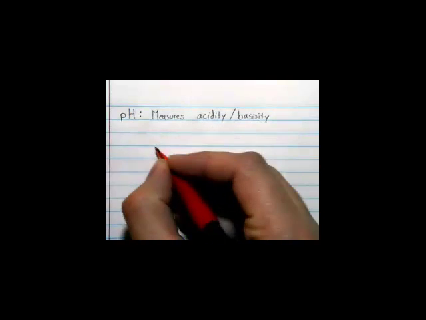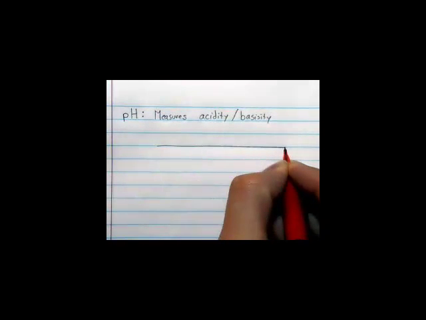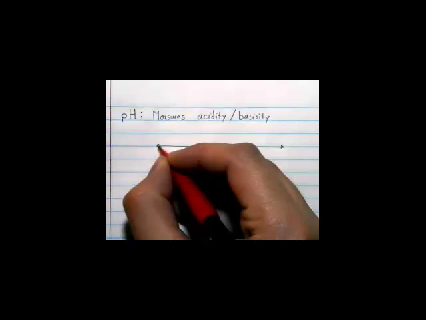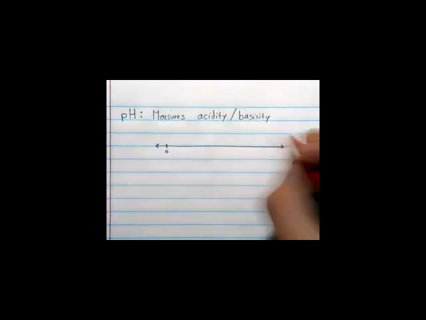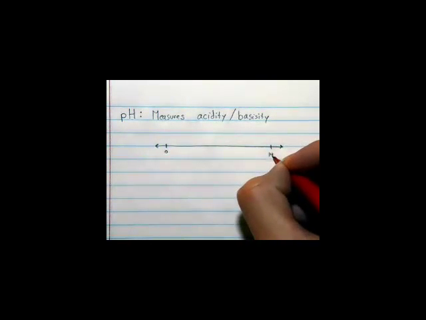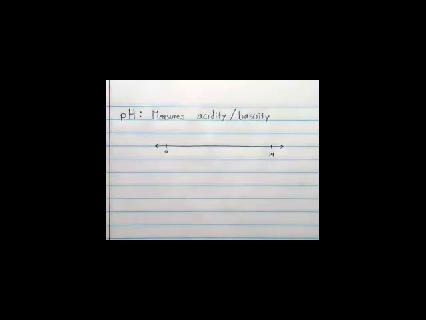So, what is the scale then for a pH? From what to what does it go? 0 to 14? Maybe. Okay, and what side of the scale is acids and what side of the scale is bases?